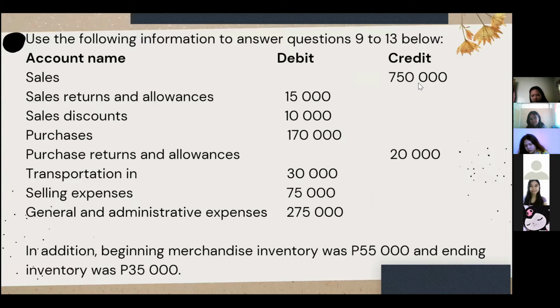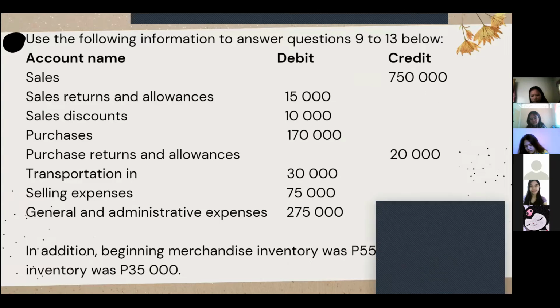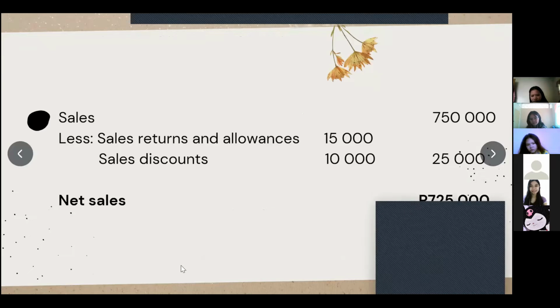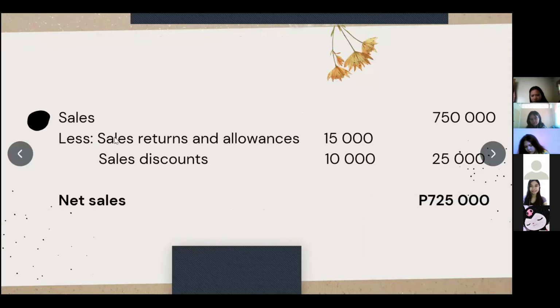Okay, check natin. Ayun, tama. So, the net sales is 725,000. I-deduct mo lang yung mga contra-income account, itong sales returns and allowances and sales discount. So, yun ang net sales.